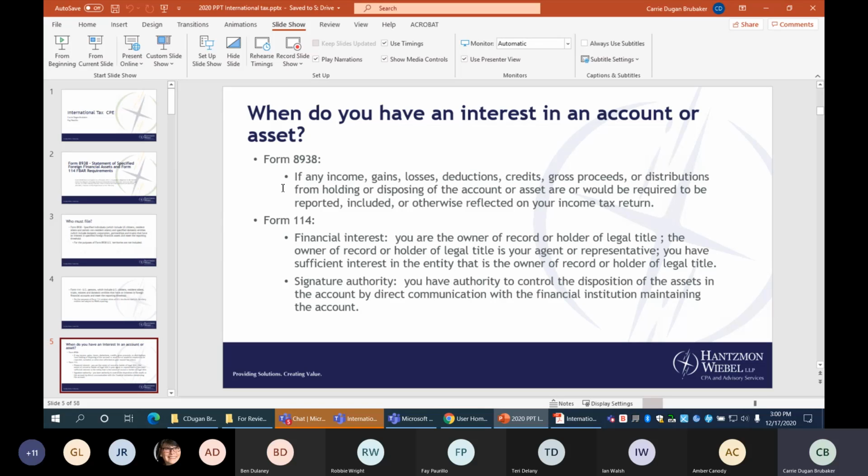For the 114 form, that's for financial interests in accounts overseas where you're the holder of legal title, the representative, the agent, but also if you have signature authority over accounts. They are required to be filed.